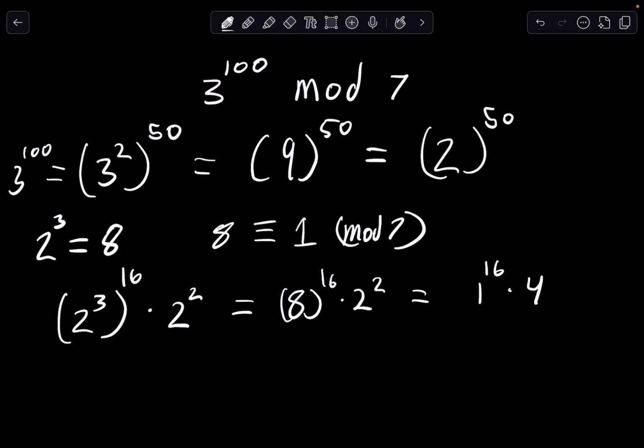Now this 1 just ends up becoming 1 because the exponent doesn't do anything here. Times 4, well, that just ends up being 4. So this 3 to the 100 actually just ends up equaling 4 in mod 7. And then you just computed this with fast modular exponentiation.